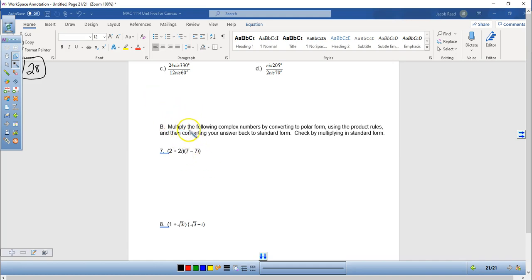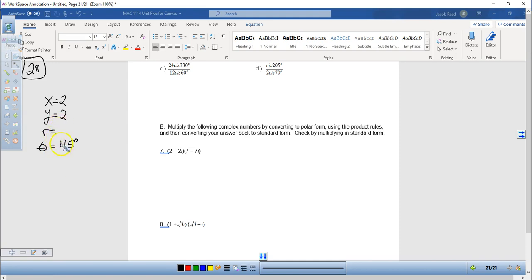What they want you to do is multiply the following by converting each of these to polar form, then product rule, then convert them back. So let's do it. Okay, for the first one, x is 2, y is 2, r, and we need theta. Well, if x and y are the same number, theta's got to be 45 degrees, or some variation.